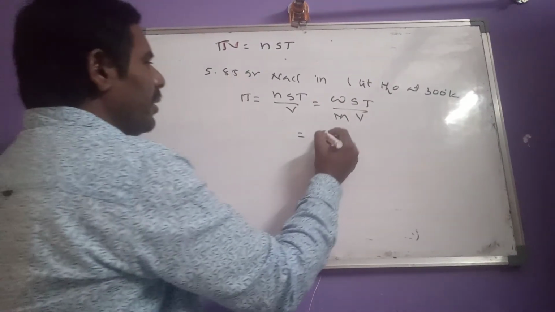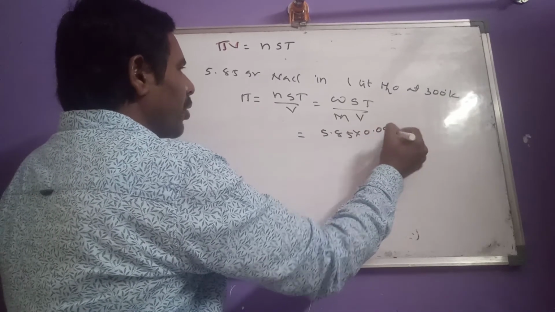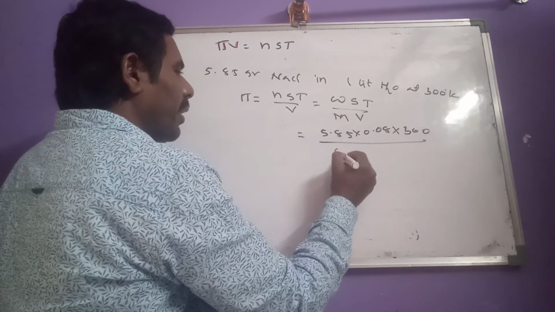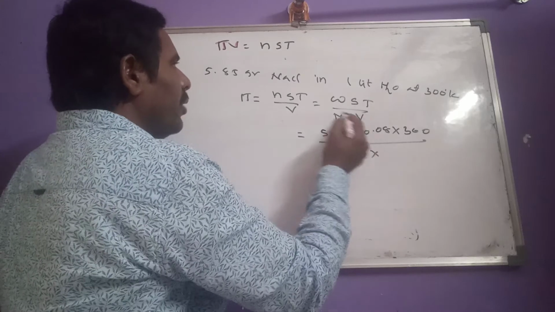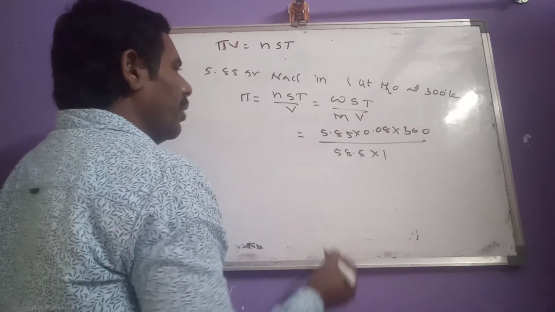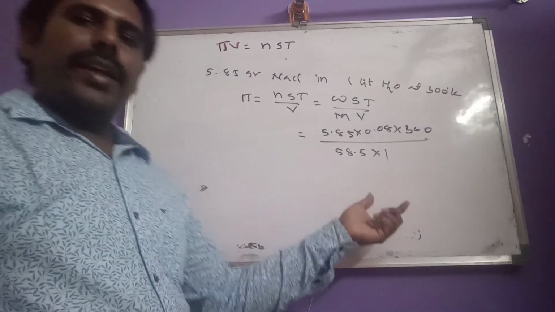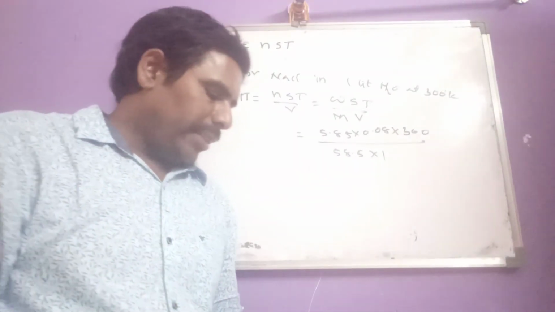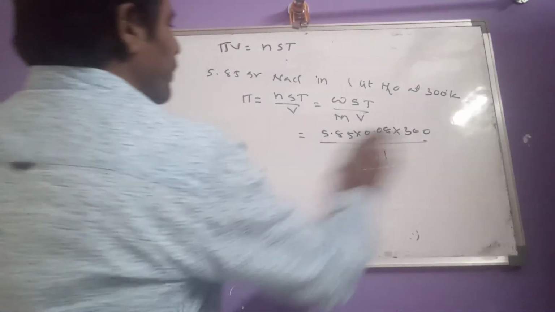I have given 5.85 into 0.08 into 300 divided by molecular weight of NaCl 58.5 into volume, which we have given as 1 liter. So upon this calculation you can get the resultant osmotic pressure.